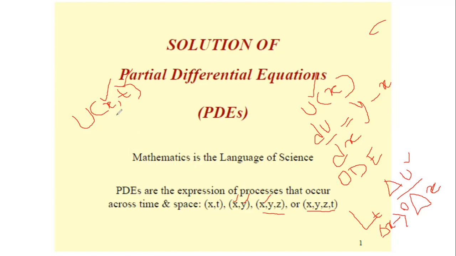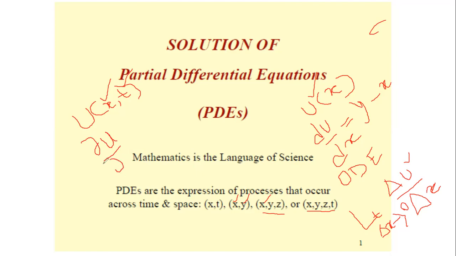So there can be two factors here, the space coordinate x and the time coordinate t, to cause any change in the value of u. In that case, you are no longer having a normal derivative. You have to perform what is called a partial derivative.